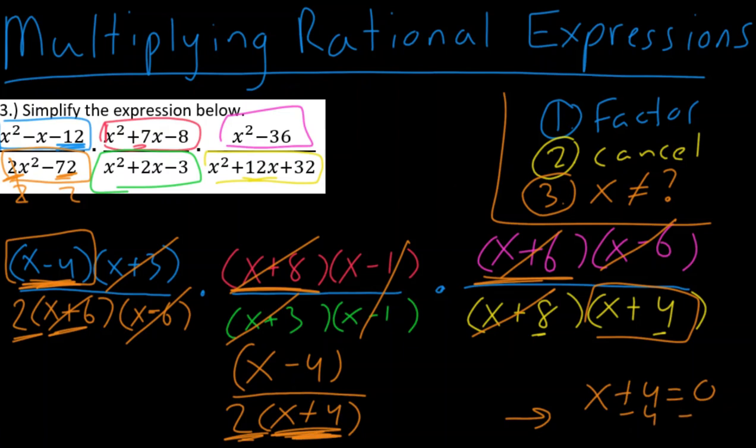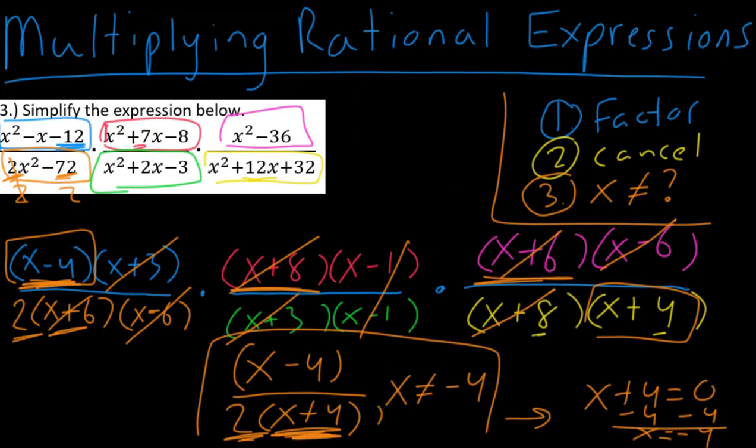If we subtract 4 from both sides, we see that x would equal negative 4, and so we'd say x cannot equal negative 4. And that's it. That's your answer. As long as you know how to factor, this should be a relatively easy level. I'll leave it there, and I will catch you in our next video.